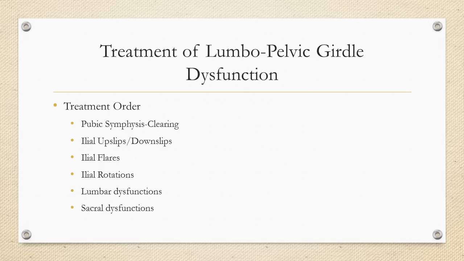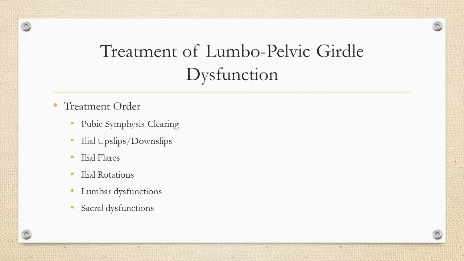Our next area to look at is iliac upslips or downslips. Downslips typically are going to correct on their own through weight bearing, but your upslip can not only affect the pelvic girdle, but also the upper quarter, namely the shoulder, with regards to shoulder impingement.